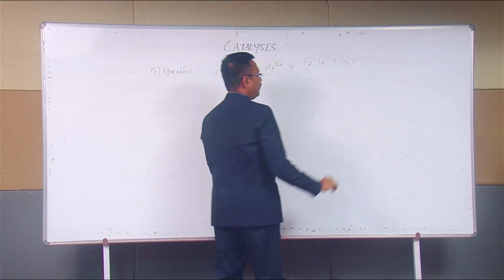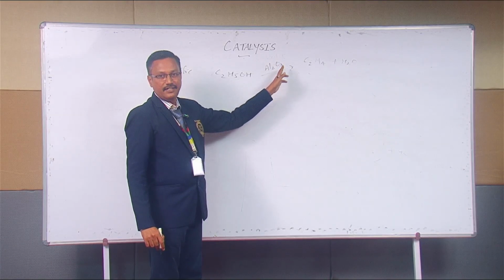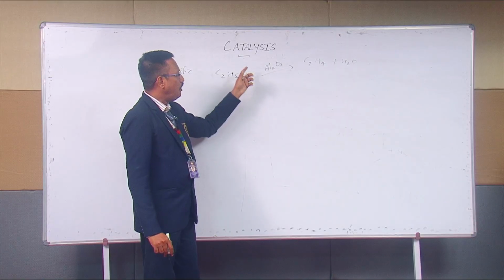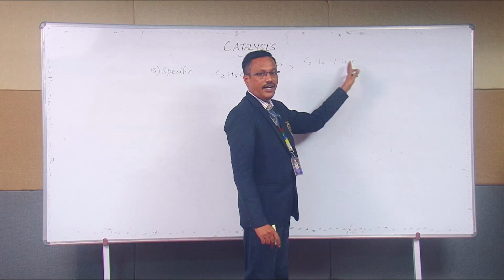What is C2H4? Ethylene. Ethanol is the reactant, the starting material. When you use aluminum oxide as the catalyst, you get ethylene and water.